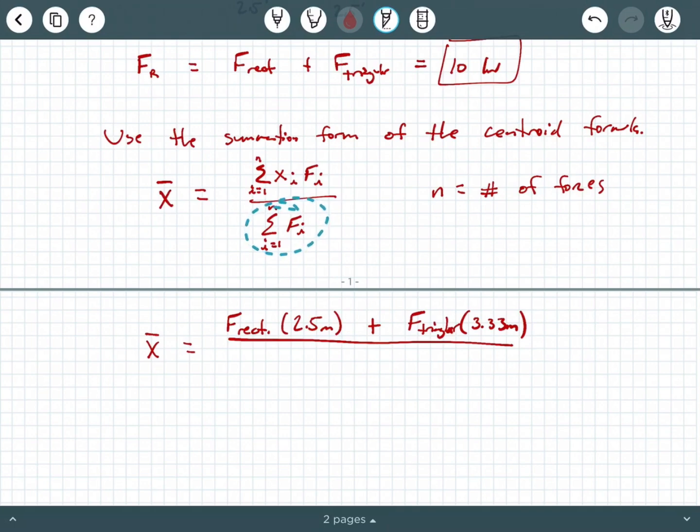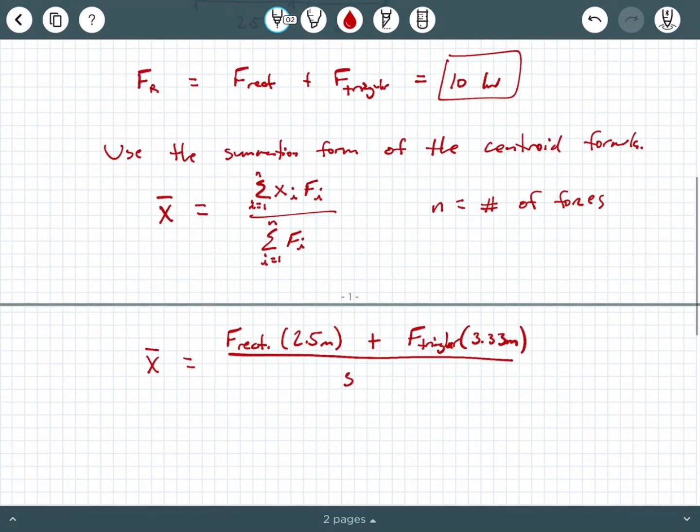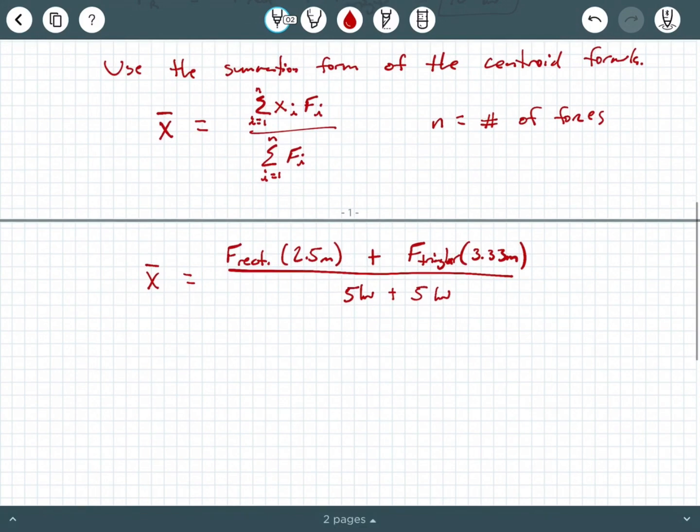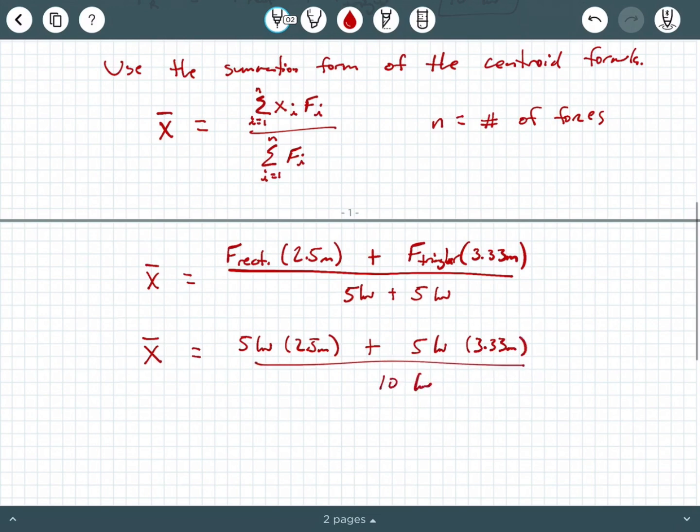Well, check out what this denominator is. When we say sum of all the forces in the system, well, of course, that's going to be the resultant force. So we would say 5 kilonewtons plus 5 kilonewtons. So again, punching this out, we're going to have 5 kilonewtons times 2.5 meters plus the other 5 kilonewtons times 3.33 meters divided by 10 kilonewtons.